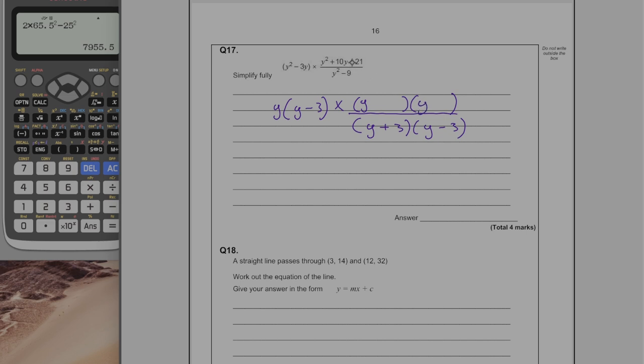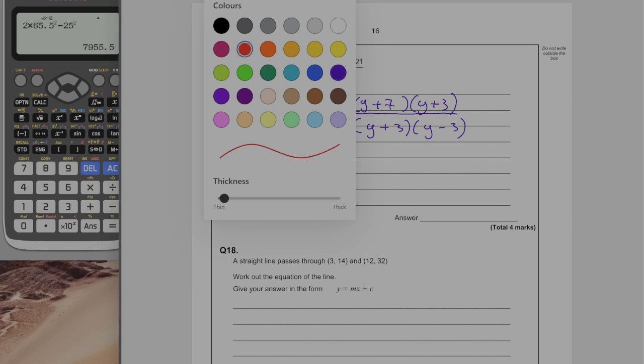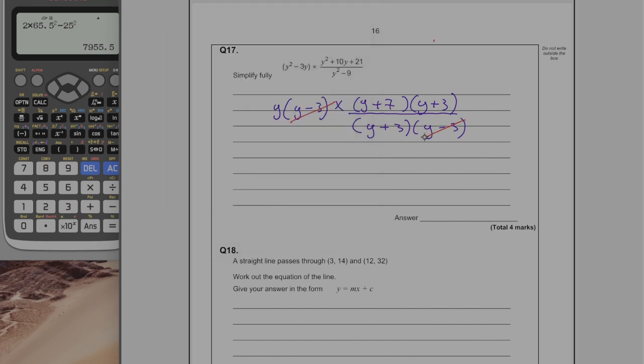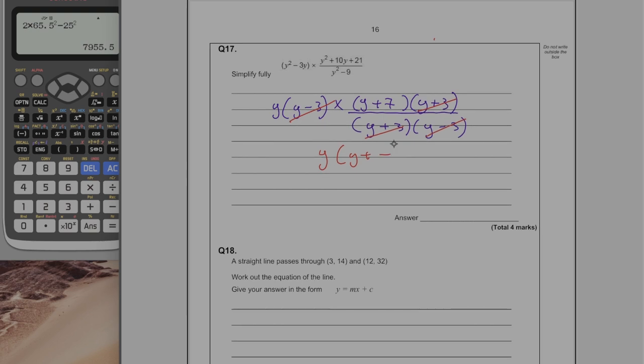So if we think of two numbers that multiply together to make 21 and add together to make 10, that is going to be 7 and 3. So plus 7 and plus 3. We can then cancel quite a bit here. That will cancel with that, and that will cancel with that. So we're just left with y times y plus 7. We could expand that, but I think that's nice and tidy.